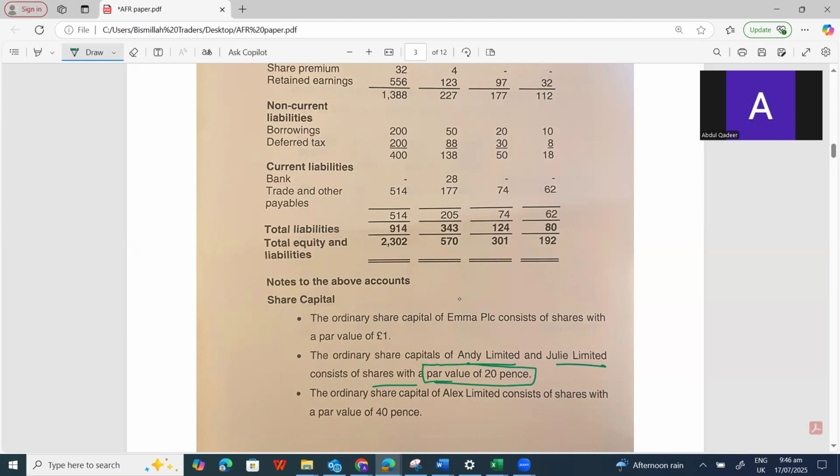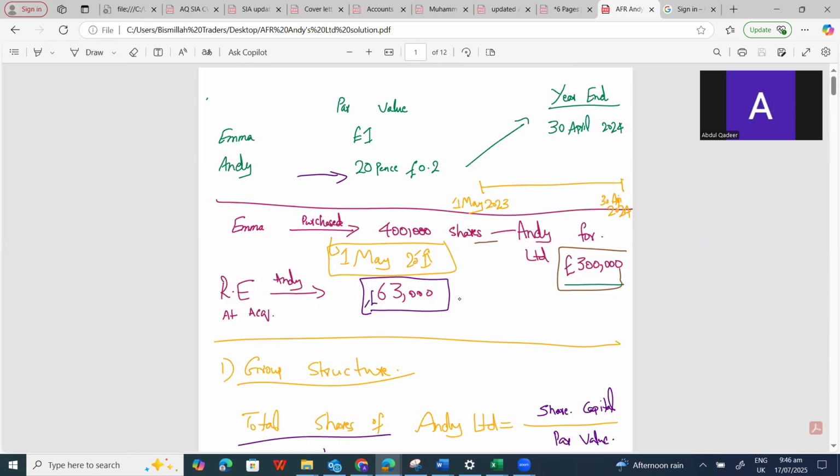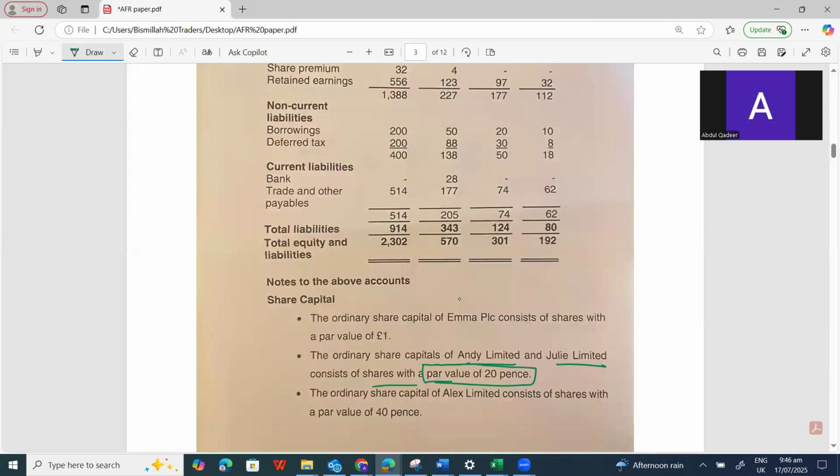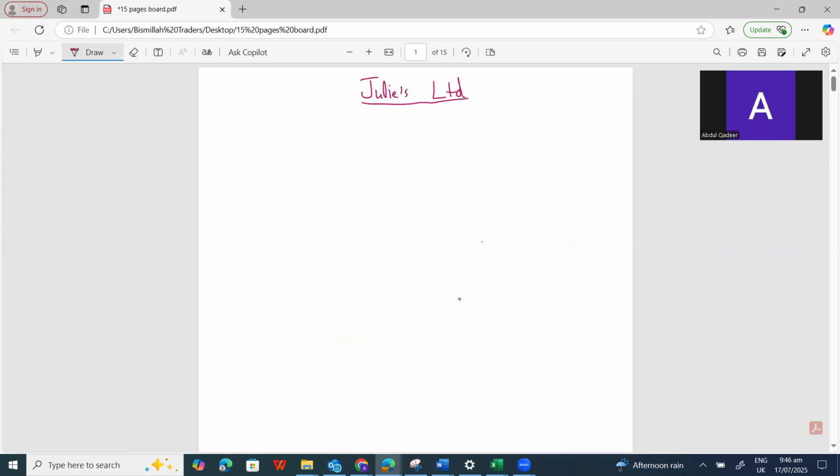First thing you have to remember: Julie Limited share par value. You have to do this type of working, so it will be easy: 0.20, or 20 pence.